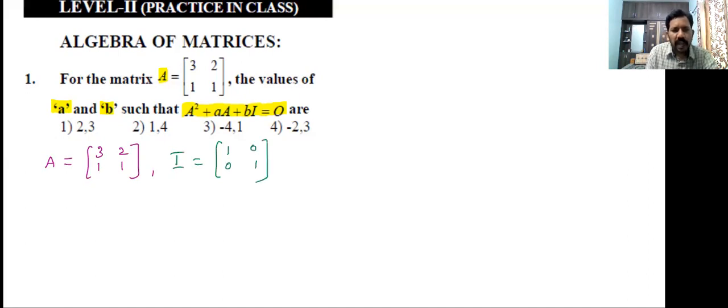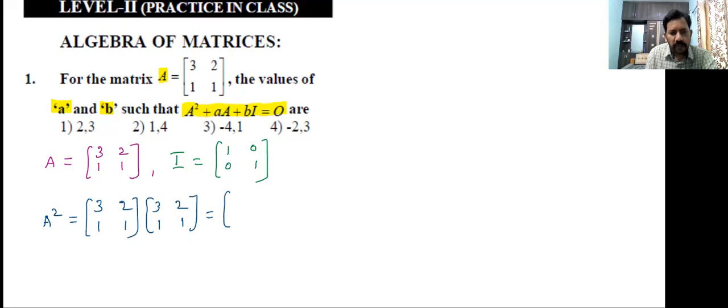Next, I am going to find A square. A square means what? A into A, or not? Now that is 3, 2, 1, 1. Next, 3, 2, 1, 1. Do the multiplication of two matrices. First row, first column: 3 threes are 9, 2 ones are 2, so 9 plus 2.